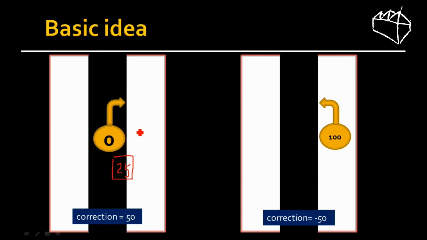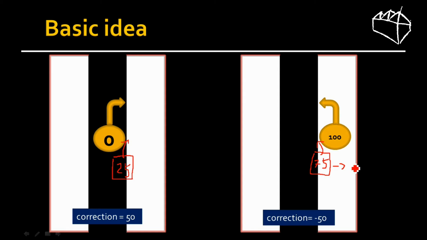But if it's less than 50 but bigger than 25, drive to the right, but not as hard as if it's less than 25. And same on the other side. If the value is 75 in this case, then the correction shouldn't be minus 50 like if it's bigger than 75, but it should be, let's say, minus 25.